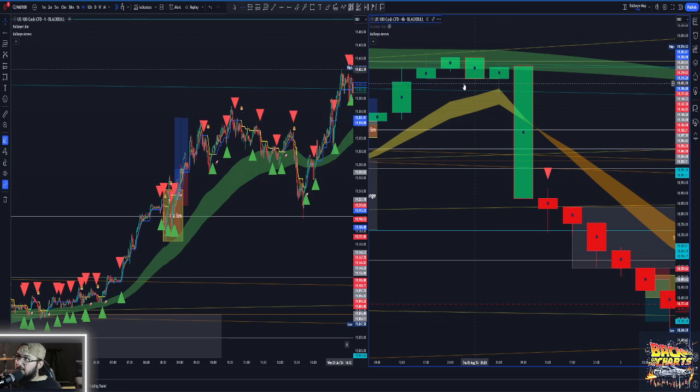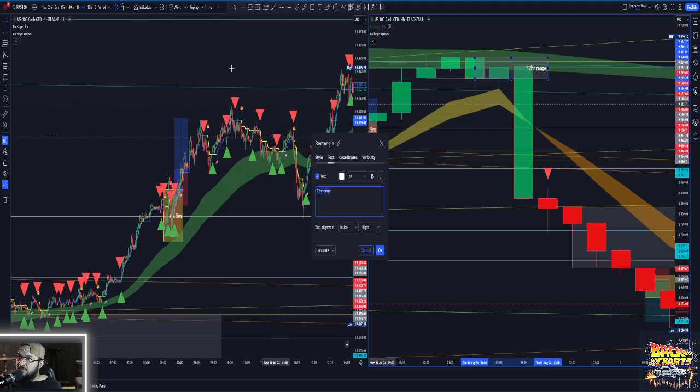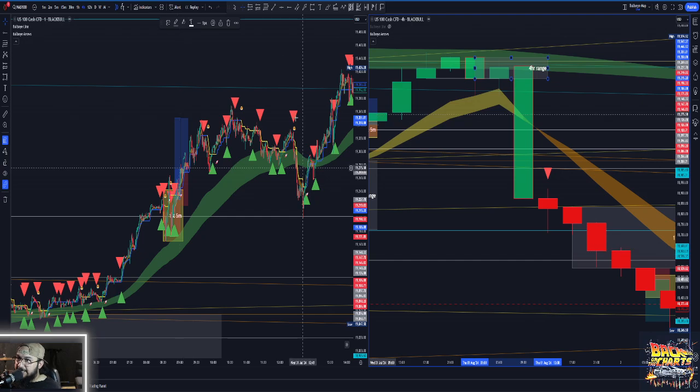Okay, and mark up the last 4 hour candle of the first half of the session. And we'll pull that over, something like that. And we'll say, instead of 12-hour range, we're doing 4-hour range. Something like that.